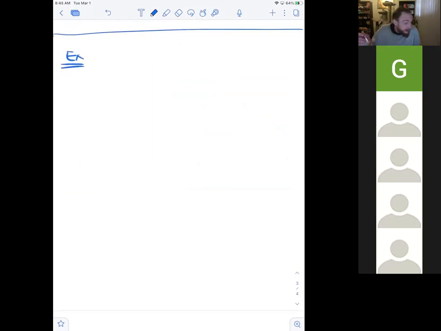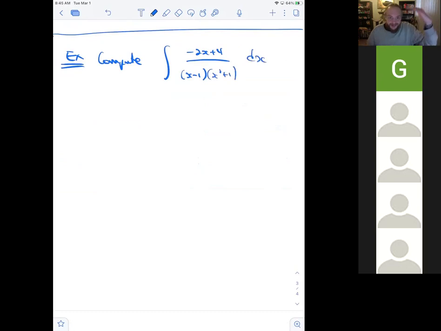Example. Compute the integral of negative 2x plus 4 over, oh, this one's already factored. So sometimes I'll give it that way, sometimes you don't. My list basically just goes through all the things that we really need to do in the most general case if it isn't factored. So we go through each step.